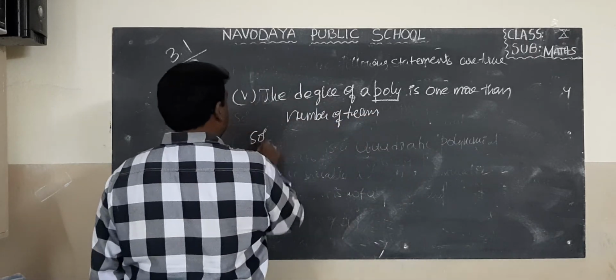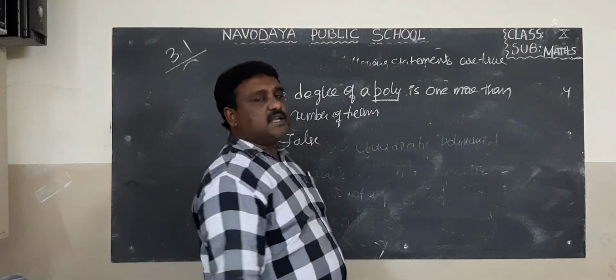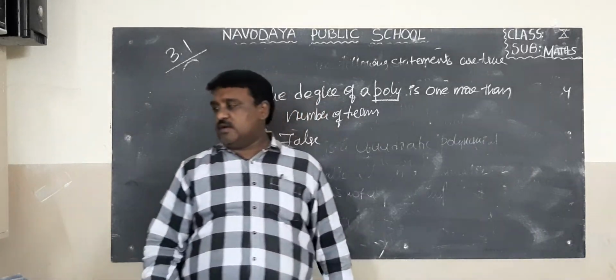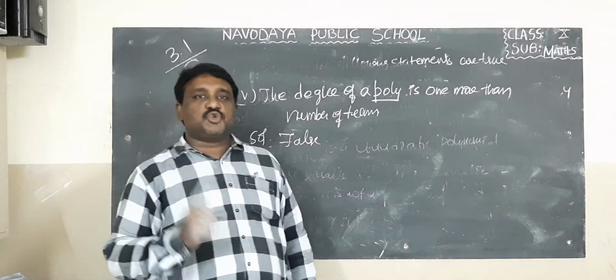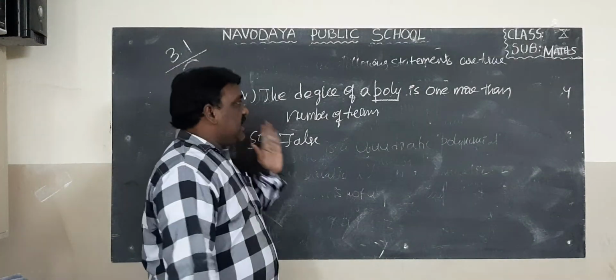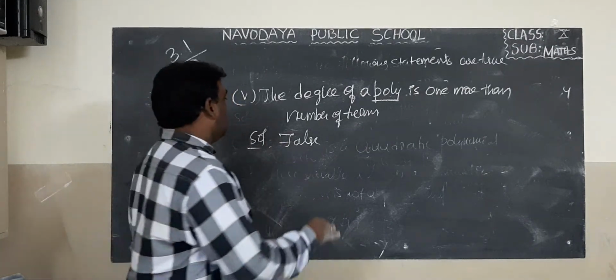So true or false? It is false because there is no relation between degree and number of terms. Degree is different from number of terms. What is given? The degree of a polynomial is 1 more than the number of terms. True or false?